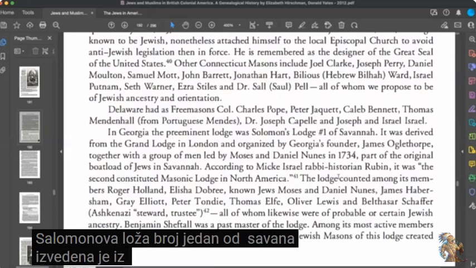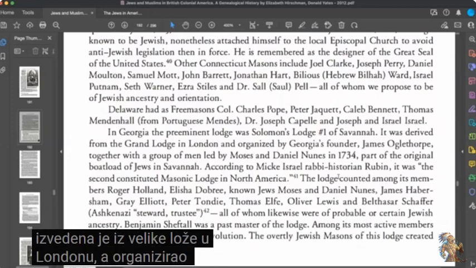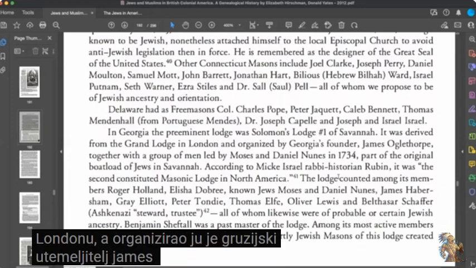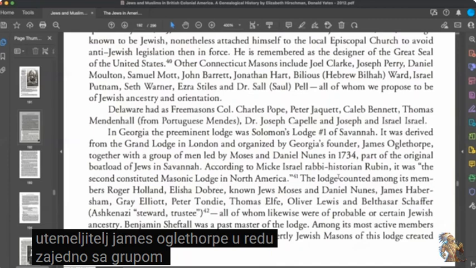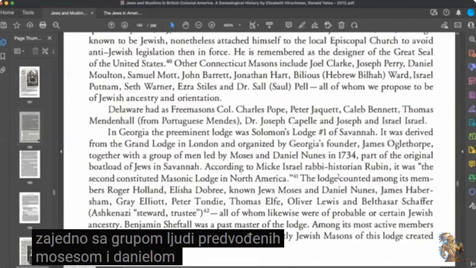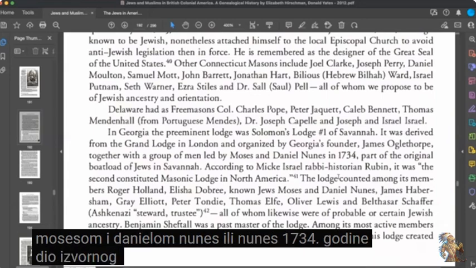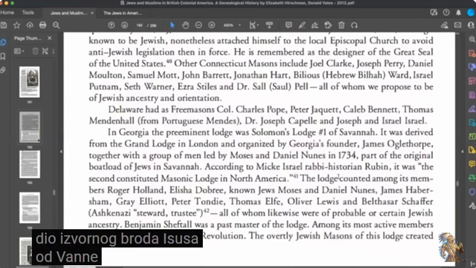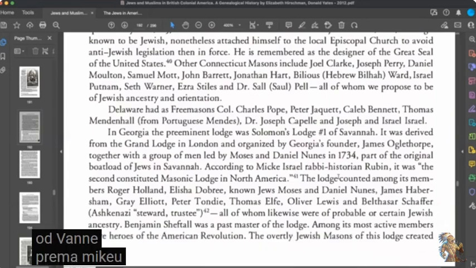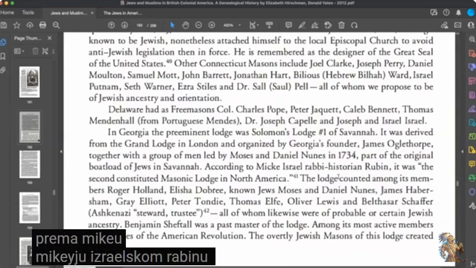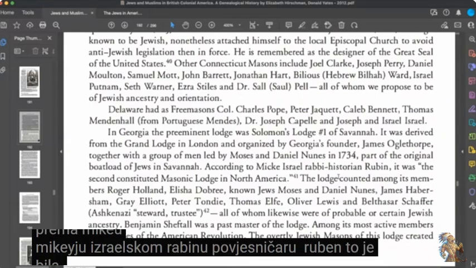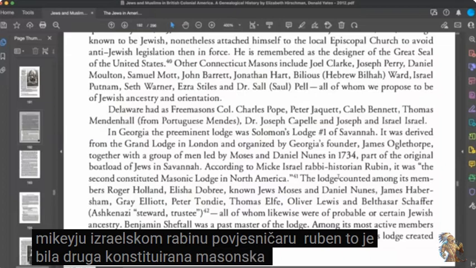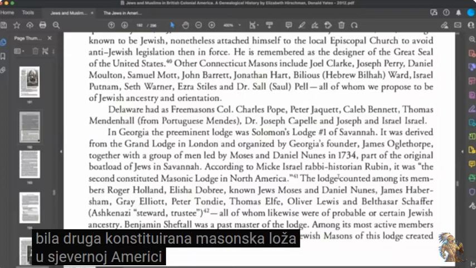It was derived from the Grand Lodge in London and organized by Georgia's founder, James Oglethorpe, together with a group of men led by Moses and Daniel Nunes in 1734, part of the original boatload of Jews in Savannah. According to Mikveh Israel's rabbi historian Reuben, it was the second constituted Masonic lodge in North America.